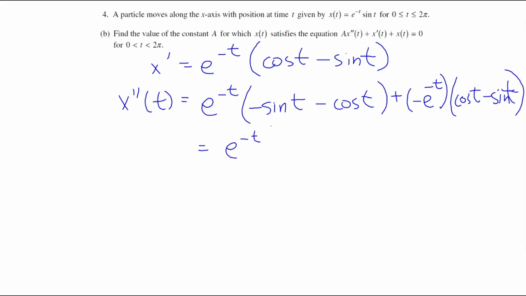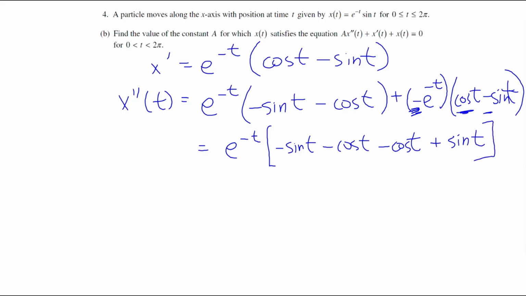So if I factor out an e to the negative t, I'm left with negative sine t minus cosine t minus another cosine t, and because we have the minus sign here with the cosine t, and then plus a sine t because I have the minus sine t. So plus a sine of t, which simplifies further here. We end up with the sines canceling out. We have negative 2 cosine t, so it's negative 2e to the negative t cosine t as x double prime.